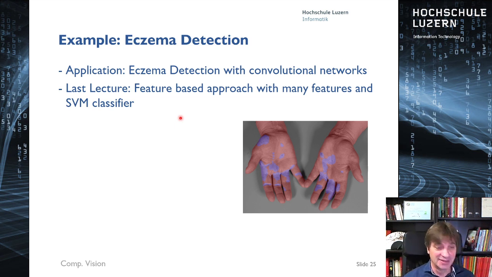We thought this would really work well with convolutional neural networks. At that time, about 2014, 2015, convolutional networks had just started to appear, and we just wanted to try them out.